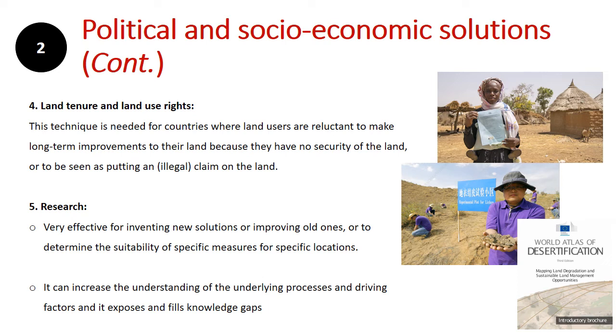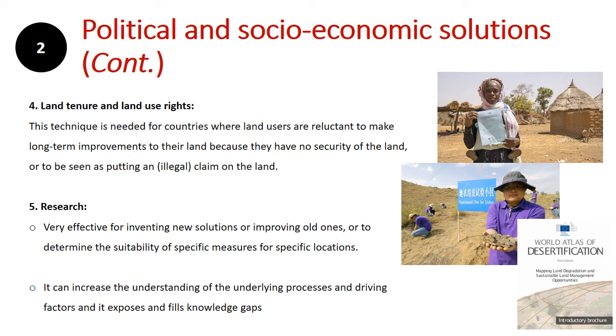By doing this, the people would feel very secure, and therefore they will be more willing to implement the solution, especially when it comes to long-term implementation. As I said, no one is ready to invest in something when the next day or the next year somebody might come and take that land. So that's why land tenure and land user rights are another very important political and socio-economic solution.